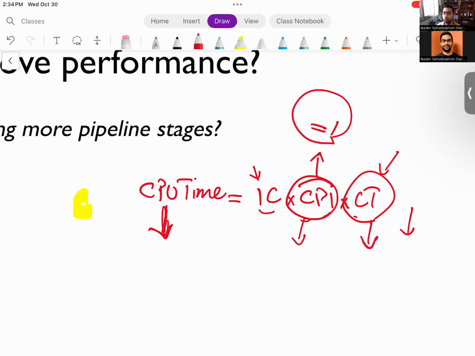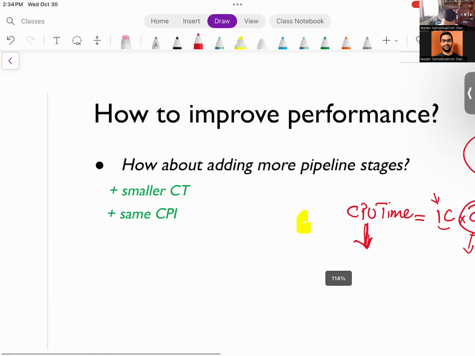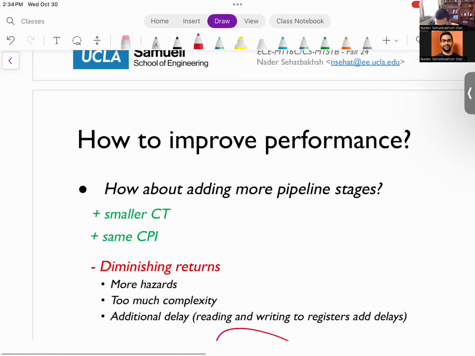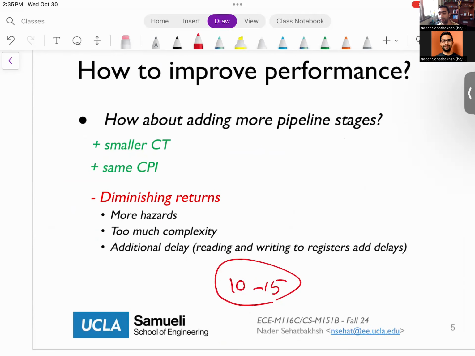Theoretically, you cannot go beyond CPI equal to 1, because you can always essentially just process one instruction per cycle per pipeline stage, and that's the best you can get.